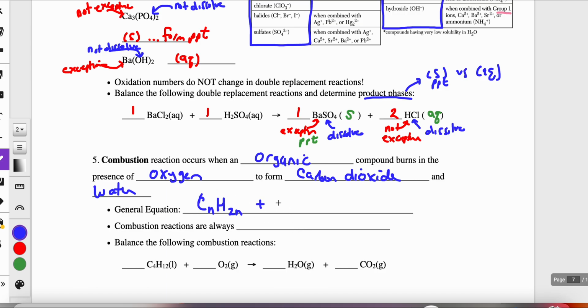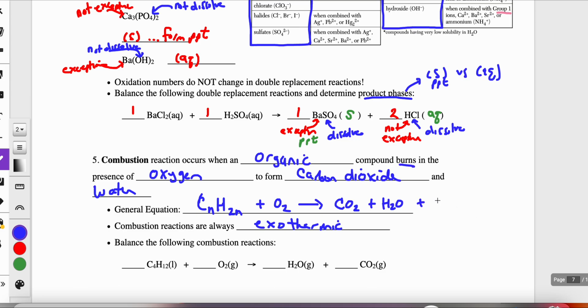This organic needs to be in the presence of oxygen, and in complete combustion, carbon dioxide and water are formed. Combustion reactions are always exothermic. They're a burning process, and burning releases heat.